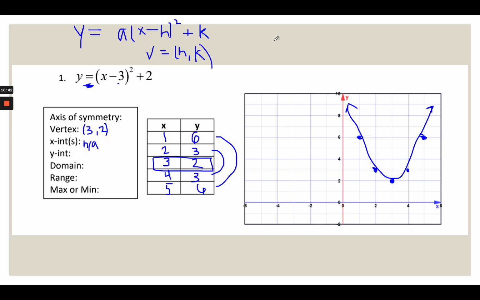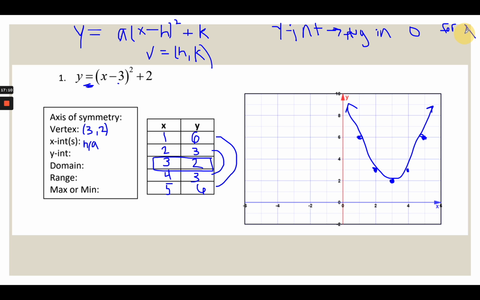So if you need to find a y-intercept, you're gonna plug in 0 for x into the equation. This works for any equation ever in math. Doesn't matter how simple or complicated it is, but if you ever want a y-intercept, you plug in 0 for x.